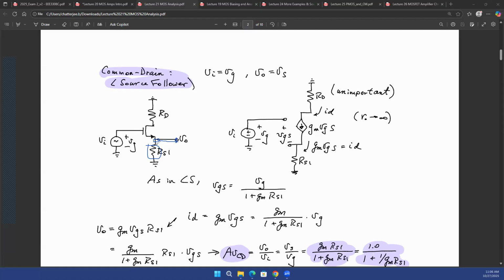So the first thing you do is get rid of RS, connect the input voltage to ground, and then find the Thevenin equivalent resistance looking into the source. Because the Thevenin equivalent resistance looking into the source should not depend on any external resistance that you connect at the source. Resistance looking into the source is the resistance looking into the source. It cannot depend on anything else that you connect at the source. So you get rid of whatever is connected at the source, same as what you do whenever you find the Thevenin equivalent resistance.